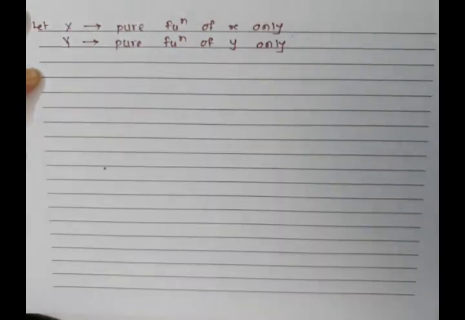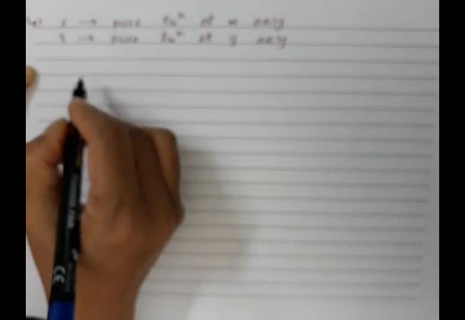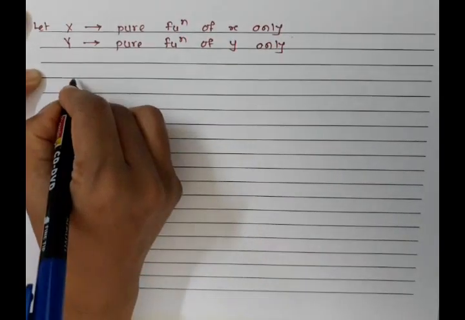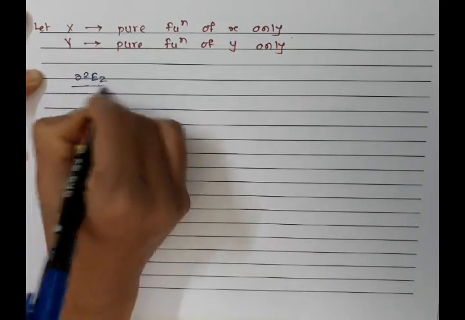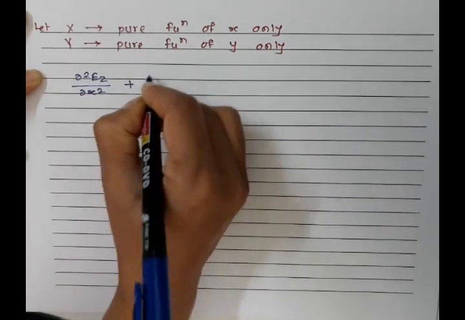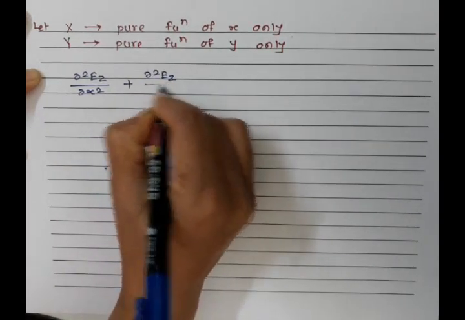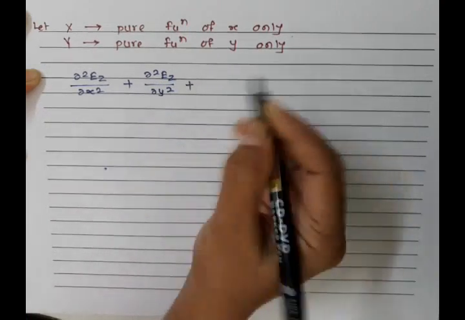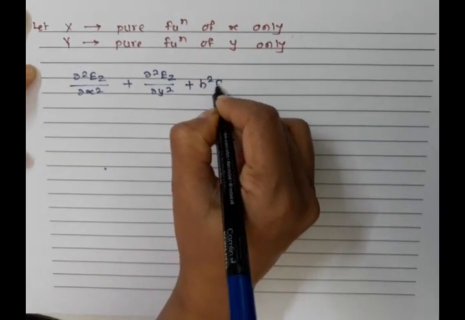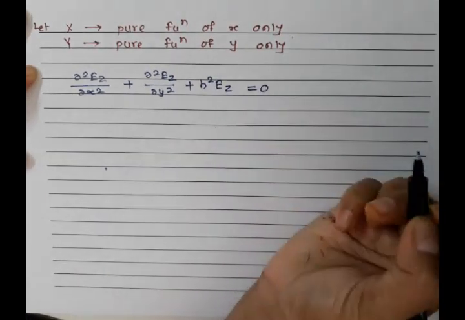Now we know that our previous equation was d square Ez dx square plus d square Ez dy square plus h square Ez is equal to 0.